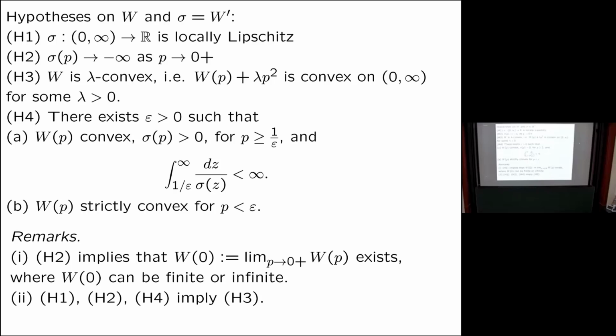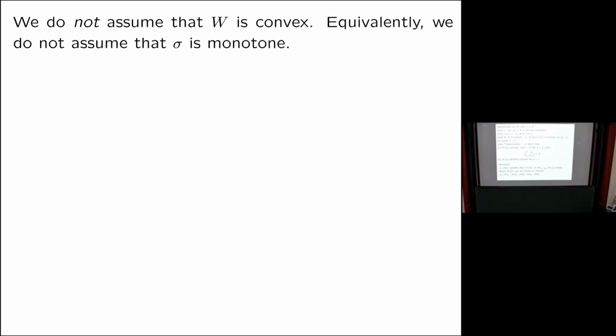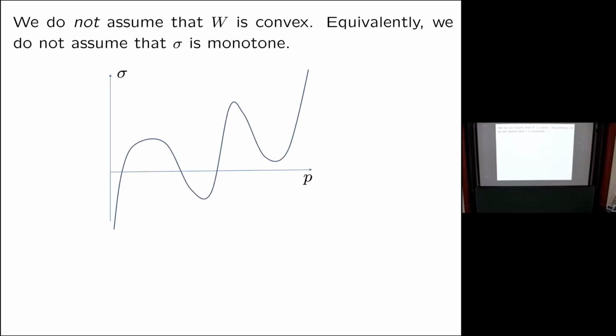And then, well, the third one was perhaps the least intuitive, this lambda convexity, but in fact, the other three hypotheses imply H3. So those are the hypotheses. Those are things we assume. Now, what we don't assume is that W is convex. Equivalently, we don't assume that sigma is monotone.